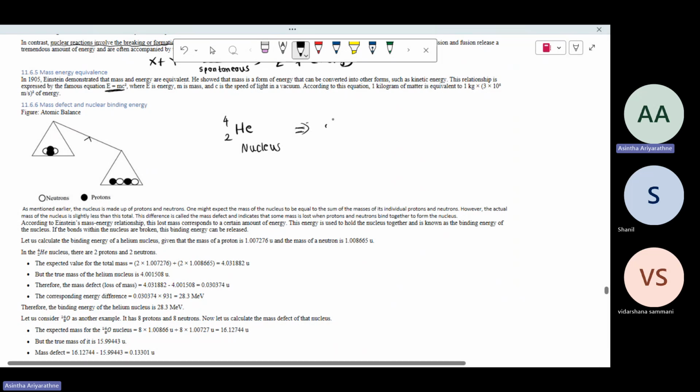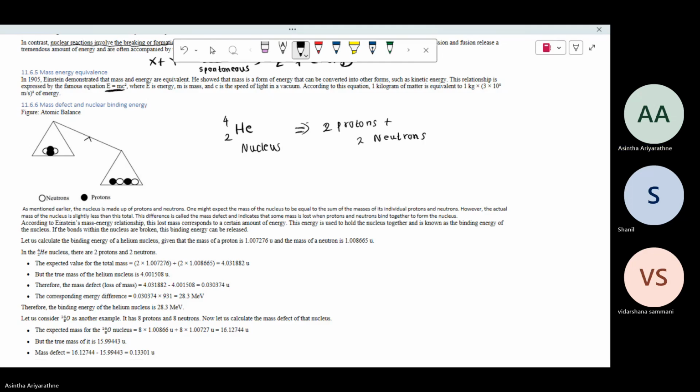If we break the helium nucleus, without electrons, we would get 2 protons plus 2 neutrons.